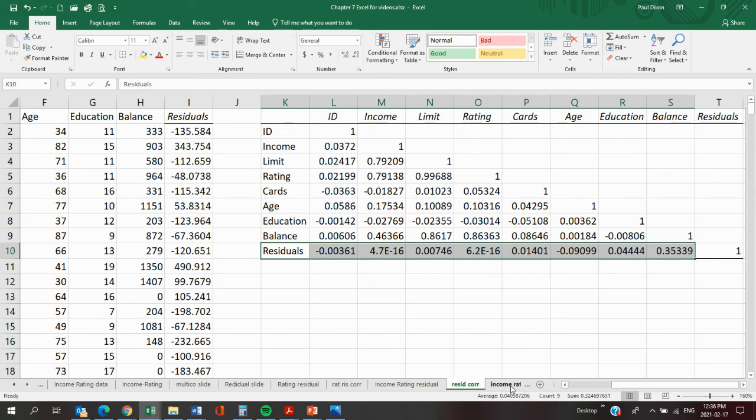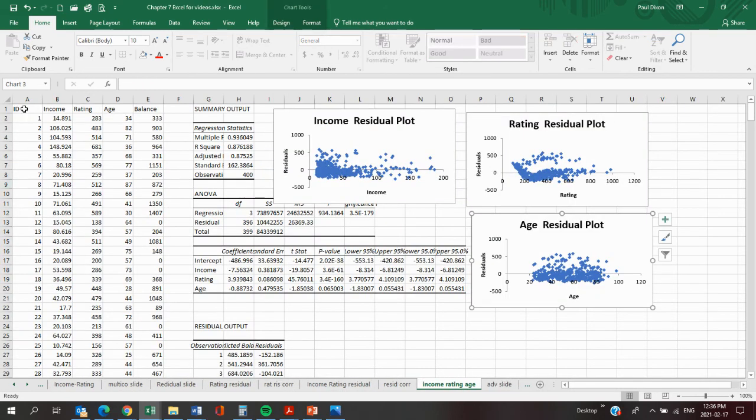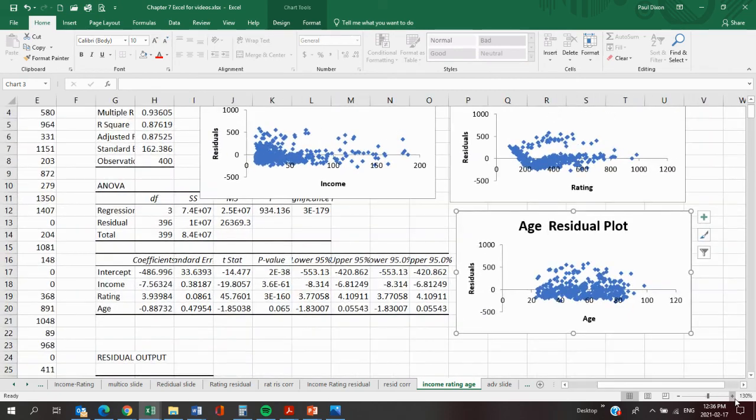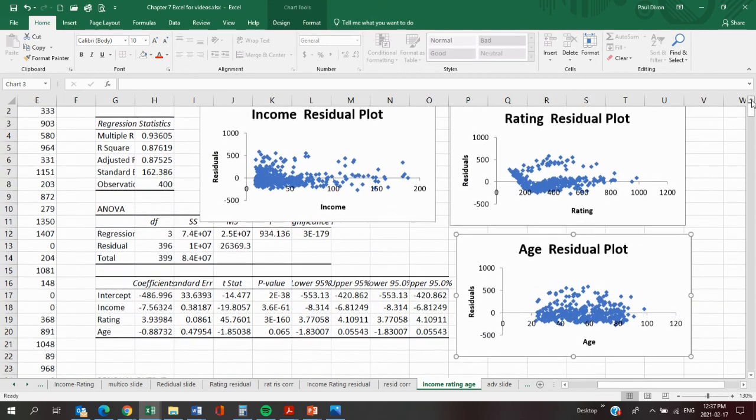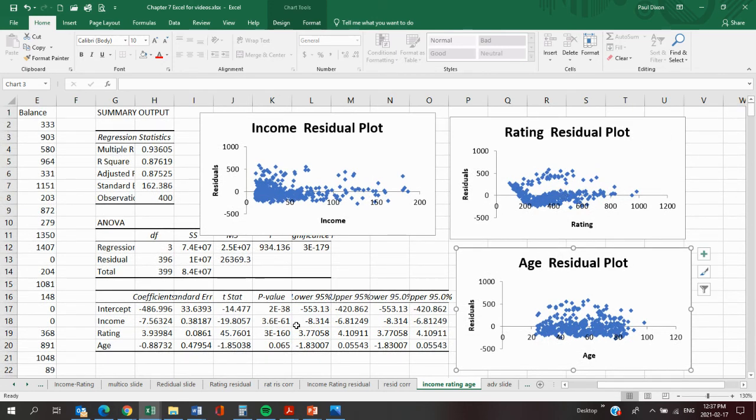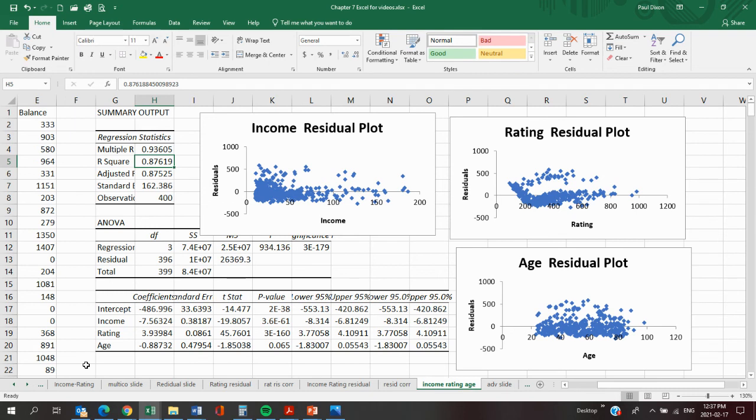So I could go and do that a third time. So I've copied the income, the rating, the age, the balance, and I've tried fitting the model again. Now, the correlation was pretty weak, so I shouldn't expect a big improvement. Before I was at 0.875. Look at it, I'm at 0.876.